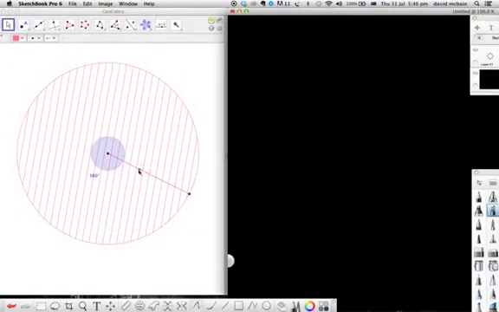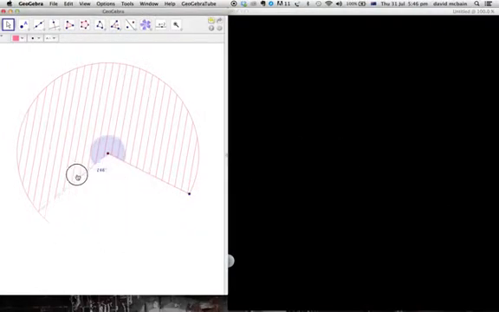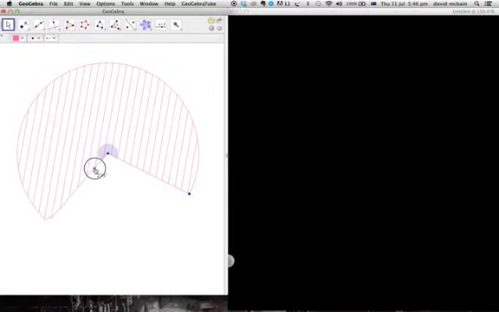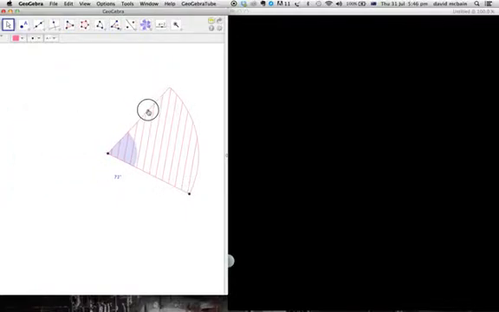So hopefully you can see, what if I wanted to work out the area of that sector, or that sector, or that sector? Well, the thing that makes it easy for us to work this out is we know the angle in here. We know that this is 73 degrees out of a possible 360.